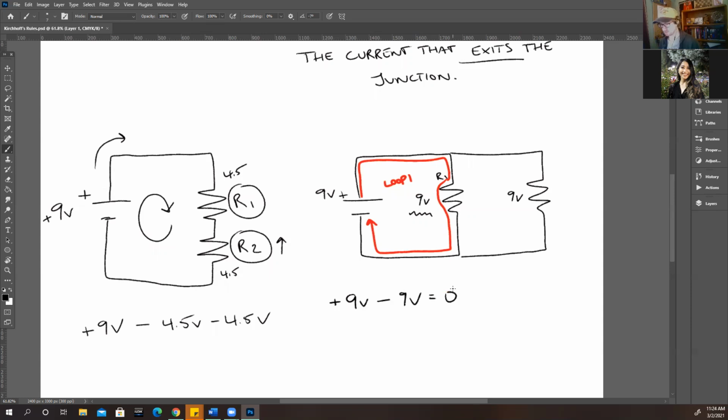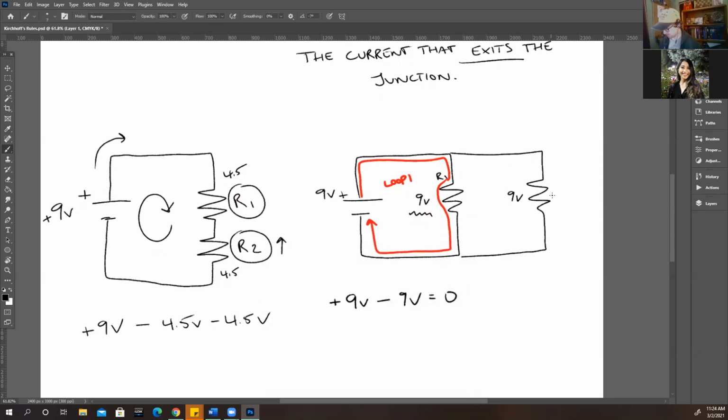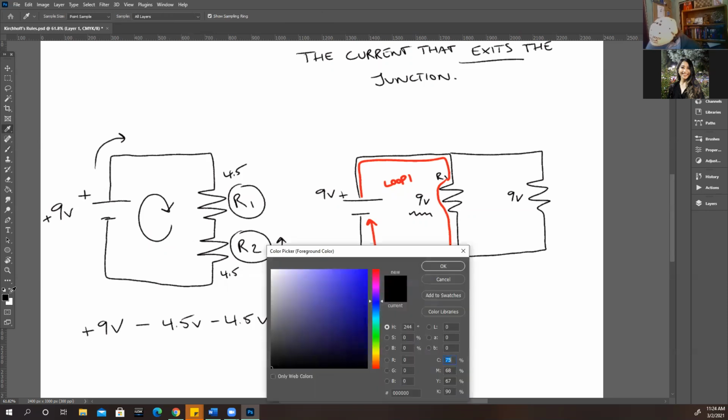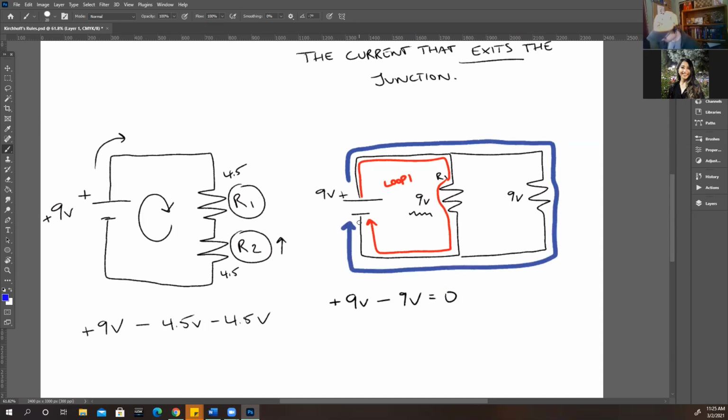That's 0. That's how it sums to 0. And for that other resistor out here, you can think of it in two ways. You could think there's this larger loop that goes on the outside, this large loop that flows around the outside. This large loop I will call loop 2.